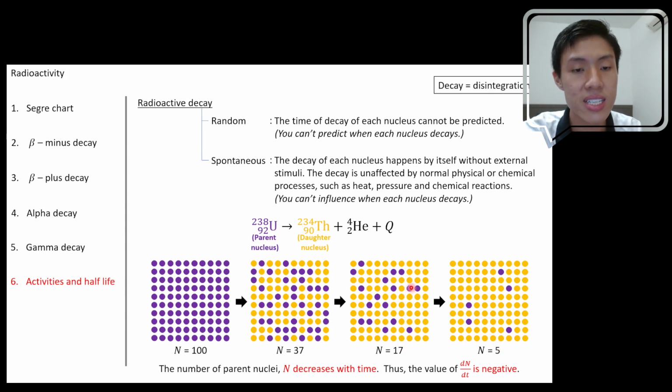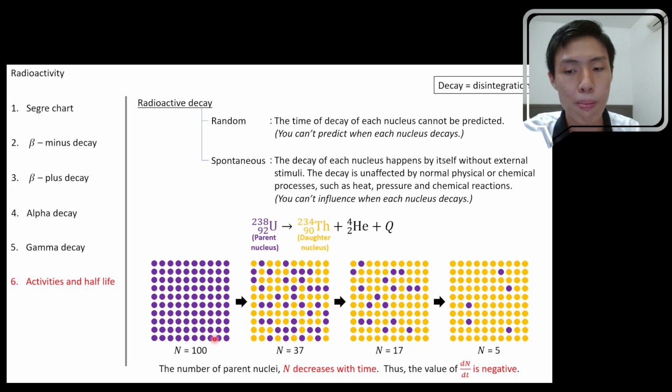So at the later stage, N is 17, but your activity is 12. So 100 for N, 63 for A, that's the initial stage. 17 for N, 12 for A, that's the later stage.